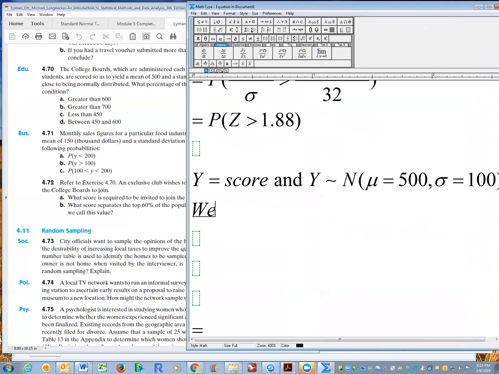Let's say K, such that the probability that Y is less than K equals 0.3.